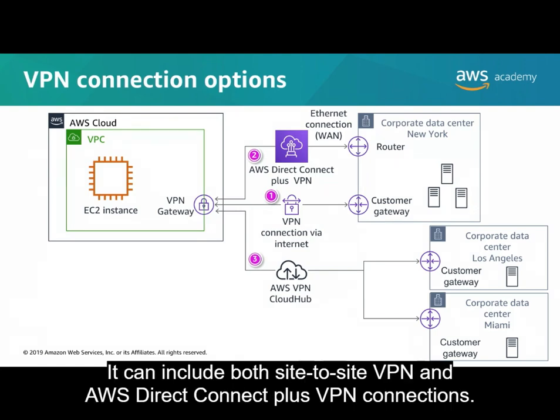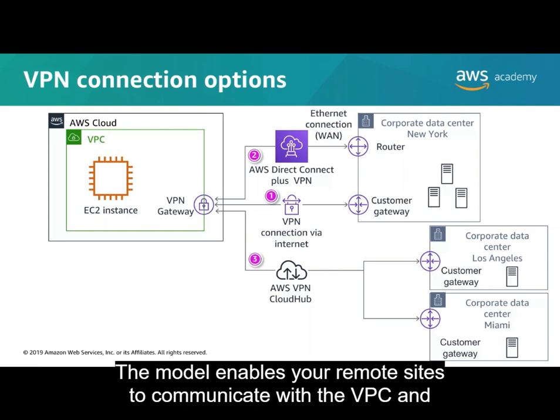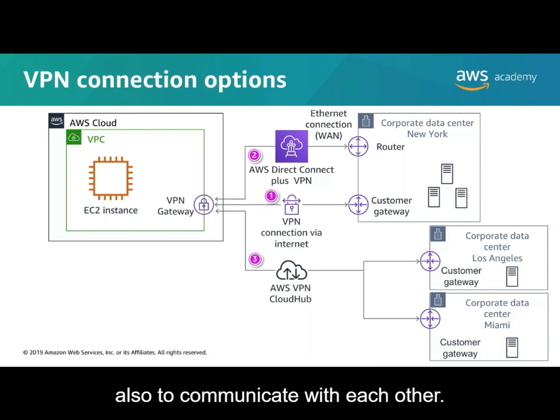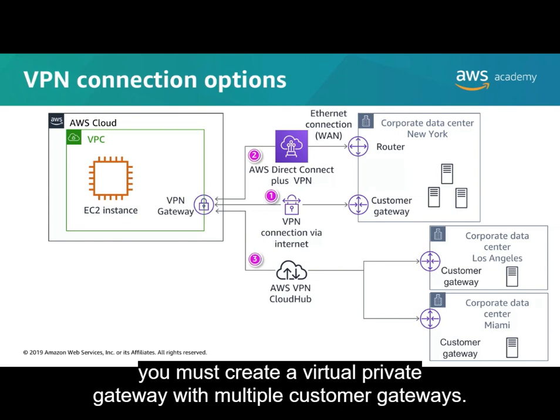It can include both site-to-site VPN and AWS Direct Connect plus VPN connections. The model enables your remote sites to communicate with the VPC and also to communicate with each other. To use the AWS VPN Cloud Hub, you must create a virtual private gateway with multiple customer gateways.